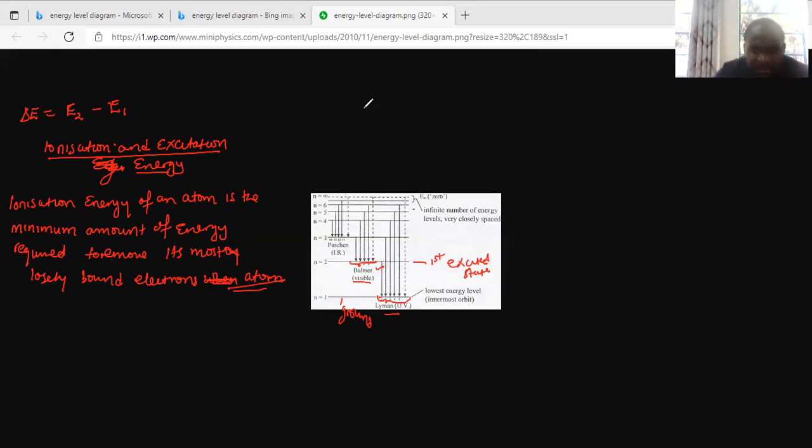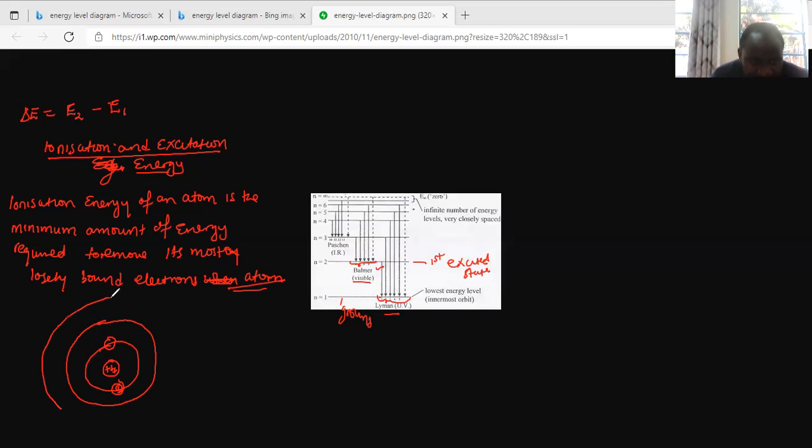Now, what do they mean by this? If you recall the diagram for an atom, it has positive charges in here. And this atom has the innermost shell. The innermost shell has electrons. After which we have the next, which is the first excited state.